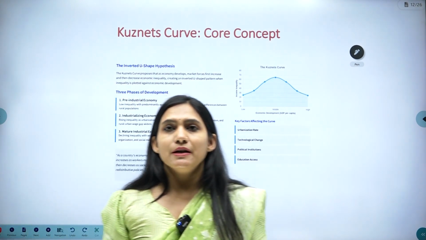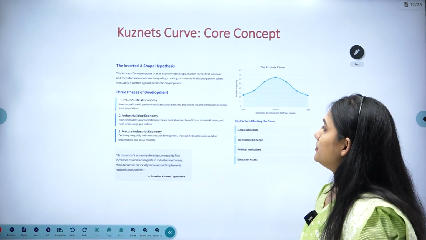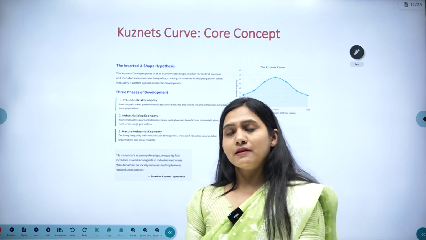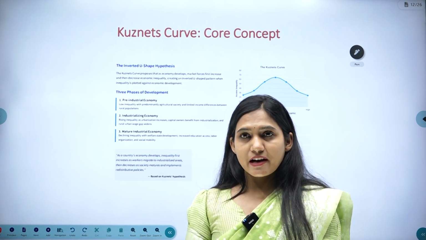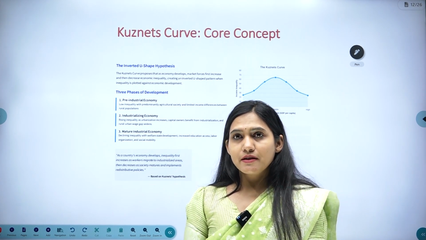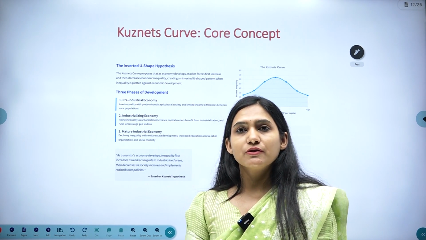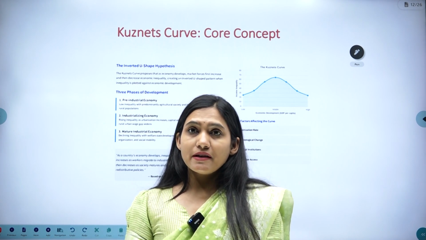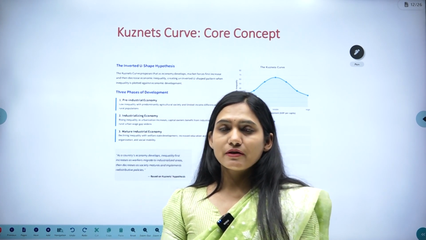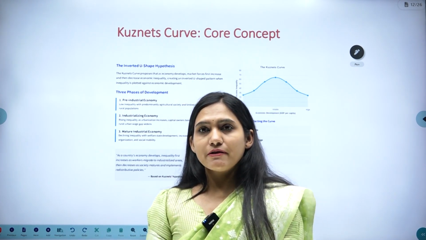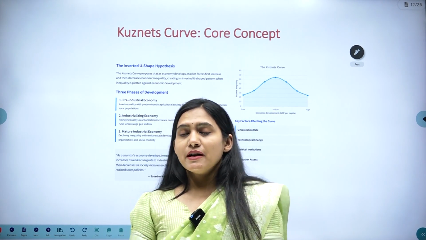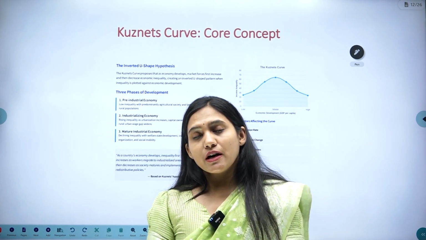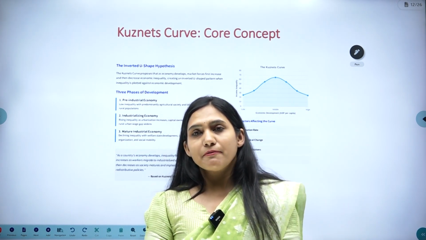Now the next curve, the Kuznets curve. Okay, so as I said, it was an era of industrialization where initially the economy was primarily dependent on primary industries, there were agricultural societies, and then slowly technological advancement came, then industrialization came, then there were factors which led to migration into the urban areas due to the establishment of factories.